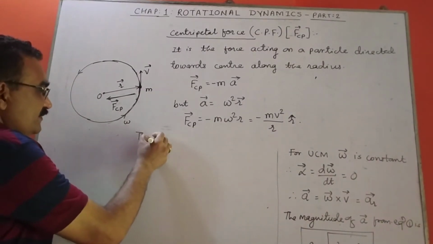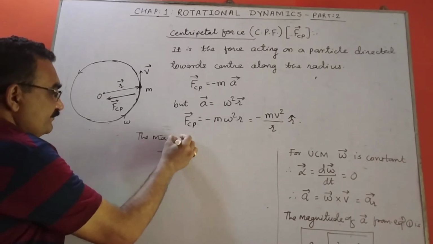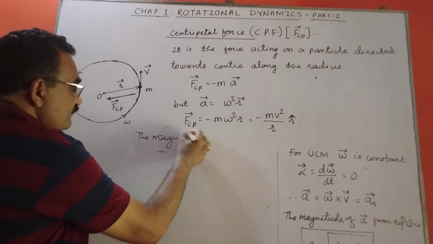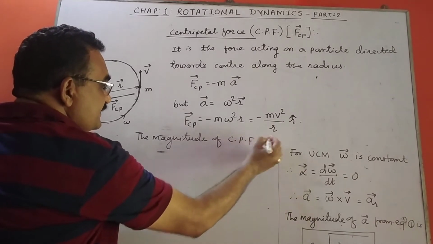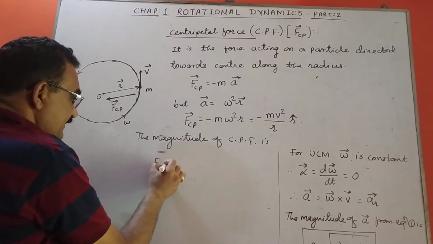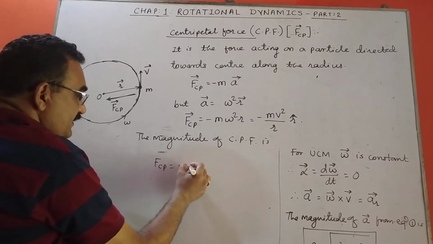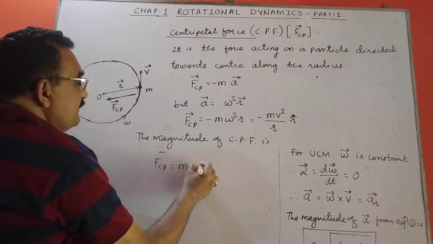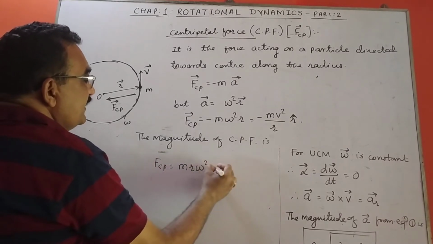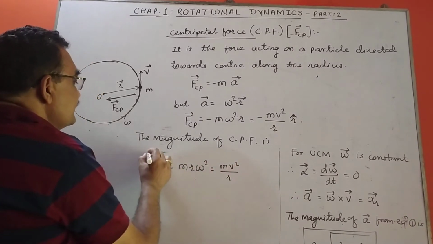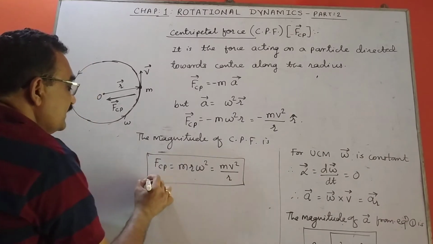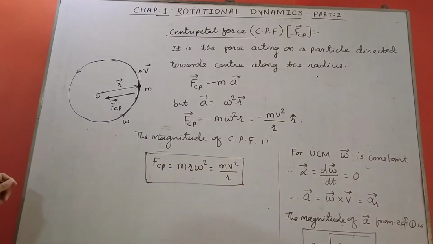The magnitude of centripetal force FCP is equal to mr omega square, or mv square upon r. So this is the useful formula to solve problems.